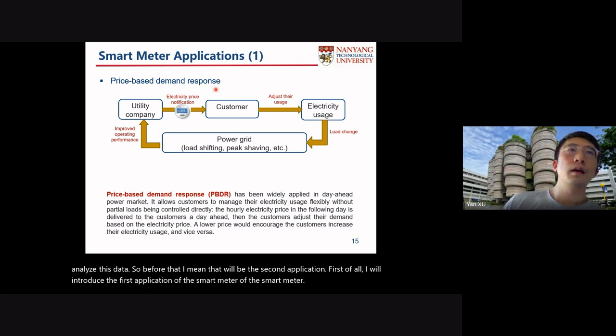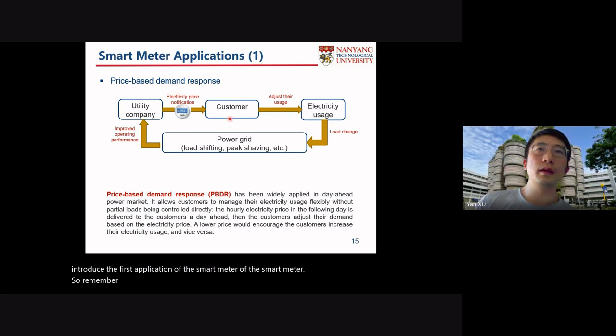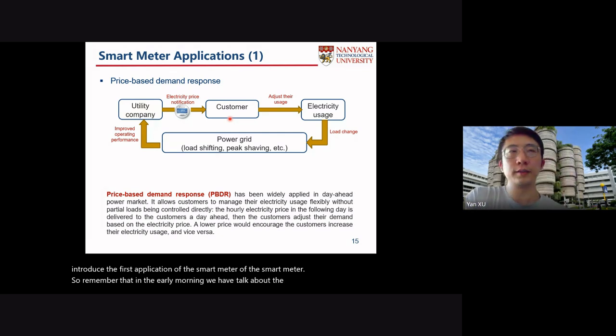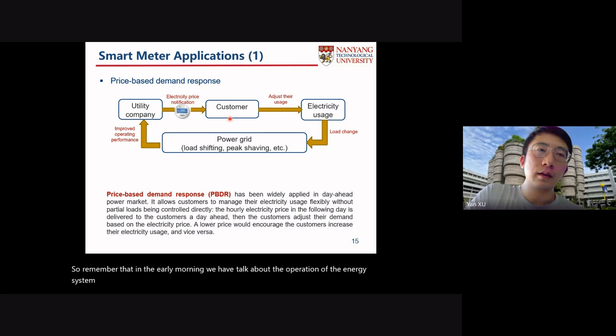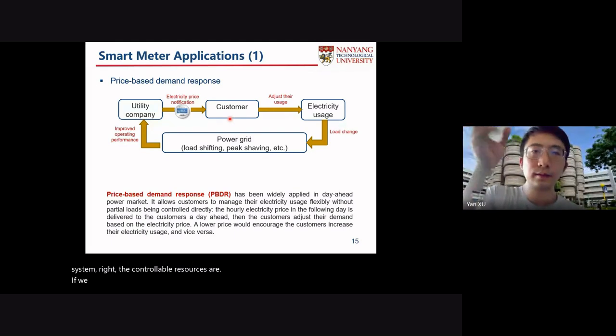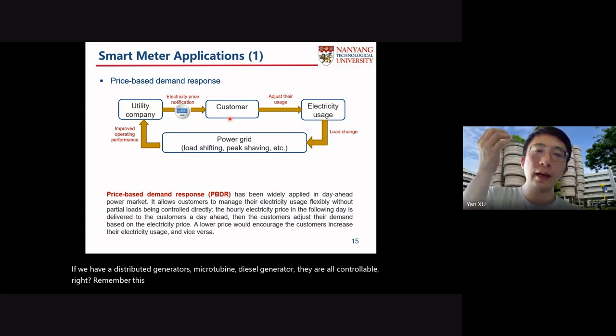Remember that in the early morning, we talked about the operation of the energy system. The controllable resources are the distributed generators, micro turbines, and diesel generators, which are all controllable. If we have an energy storage system, we can charge and discharge, so that is also controllable.